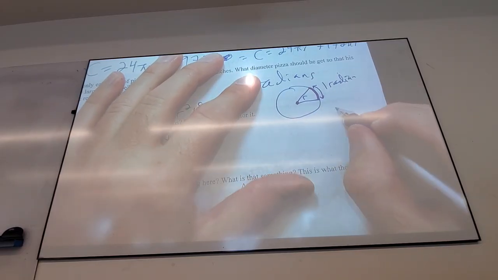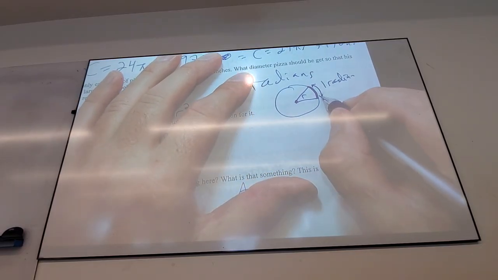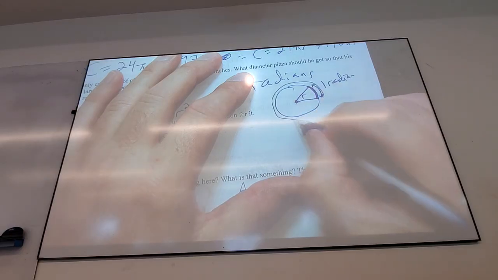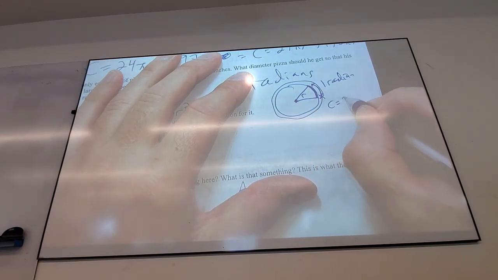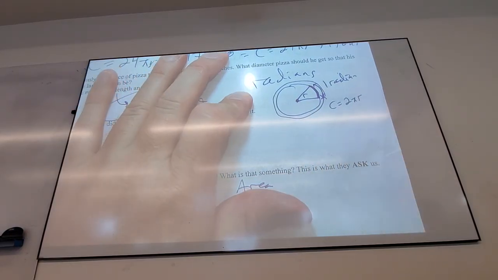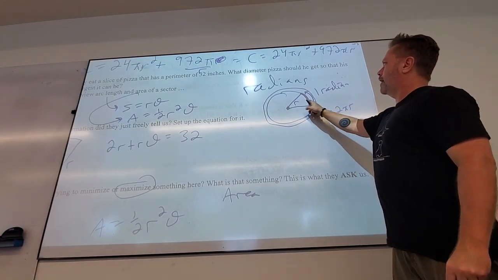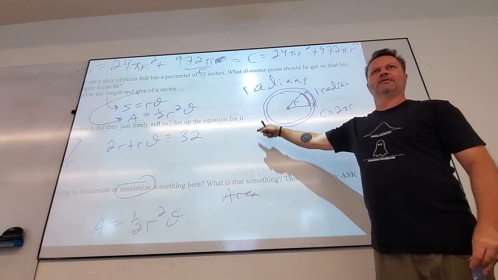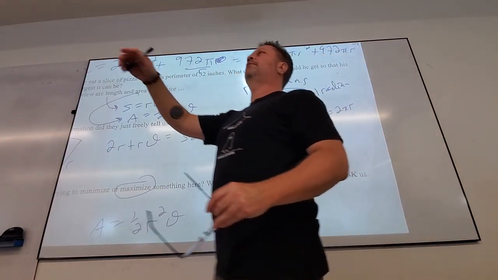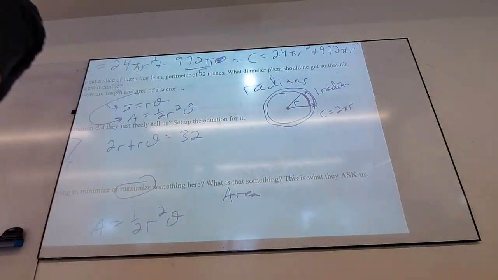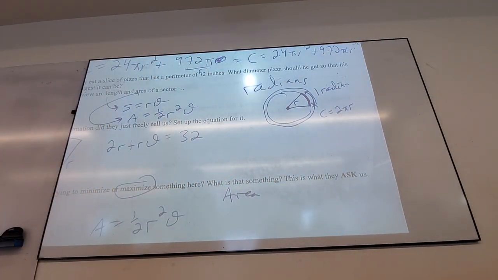And real quick, what's the formula for the circumference of a circle? So let me ask you, if I went 5 radiuses, wouldn't that be 5r? Isn't that silly?